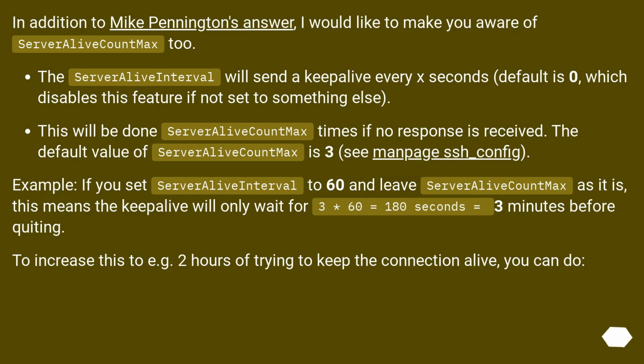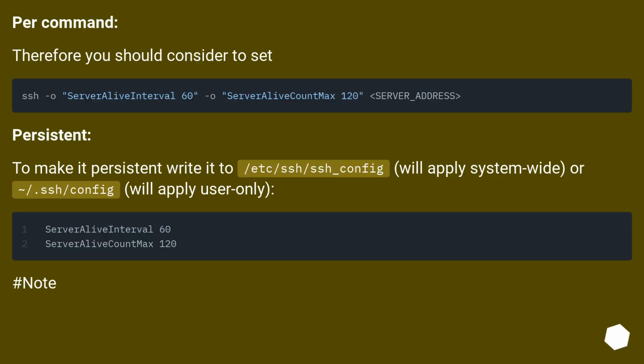For example, if you set ServerAliveInterval to 60 and leave ServerAliveCountMax as it is, this means the keep alive will only wait for 3 times 60 equals 180 seconds, equals 3 minutes, before quitting. To increase this to, for example, 2 hours of trying to keep the connection alive, you can do so per command.